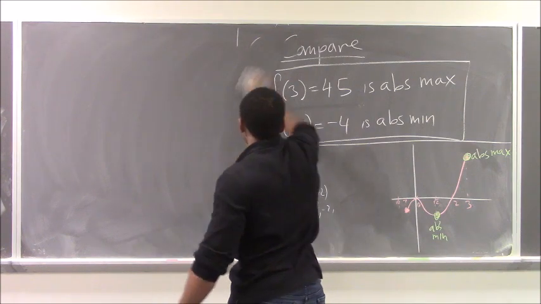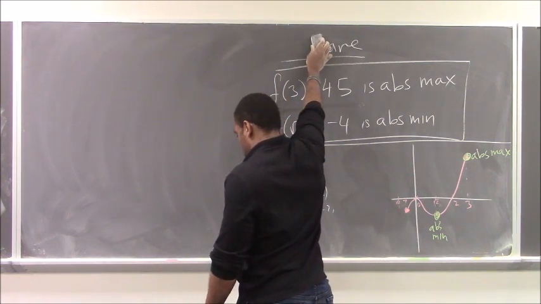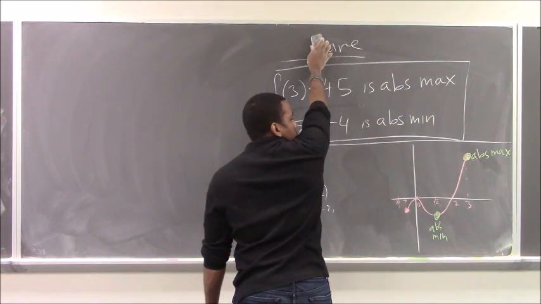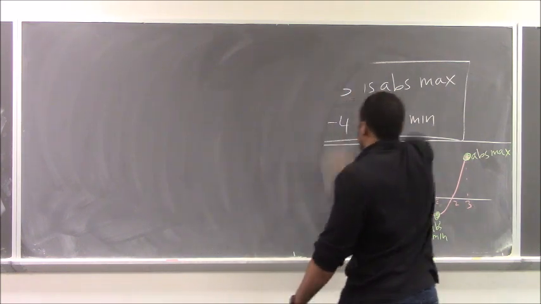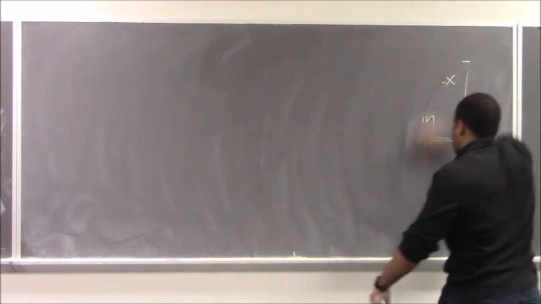Now, the next topic that I want to do, we're moving on into the next section, which I forgot what number that section is in your textbook, but it's pretty much a section on curve sketching.